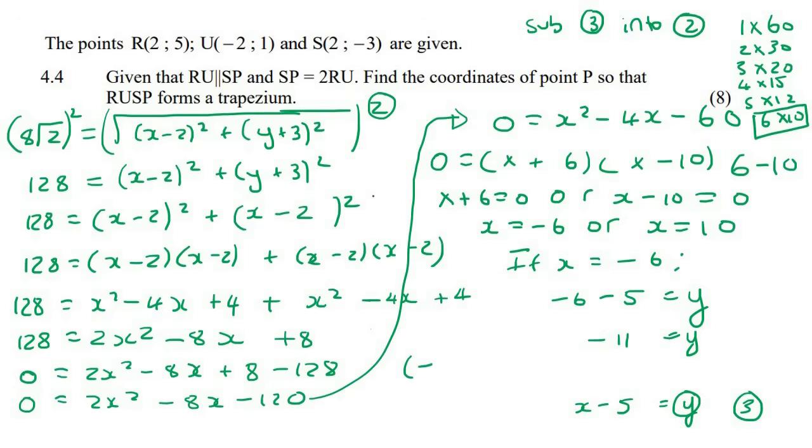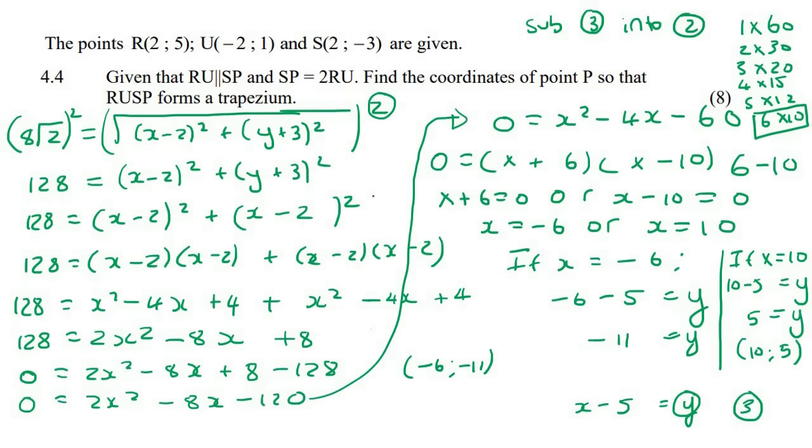So if x is negative 6, y is negative 11, and that's one of the coordinates for p. And then here we can try another one. If x is 10, then y would be, if we use this, 10 minus 5, and so y would be 5. So x would be 10 and y would be 5.